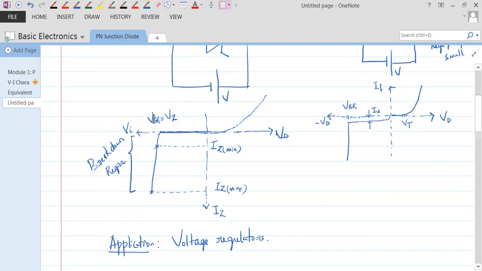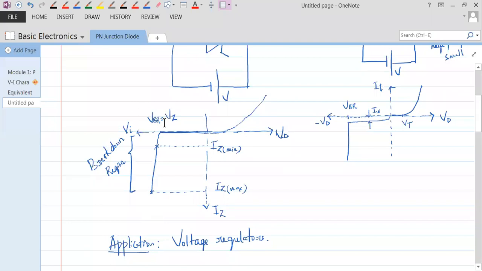If you keep on increasing this, the current will go on increasing, the Zener current, but the voltage across the Zener diode will not vary.